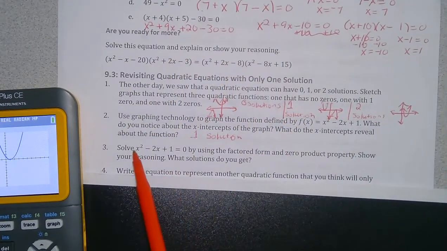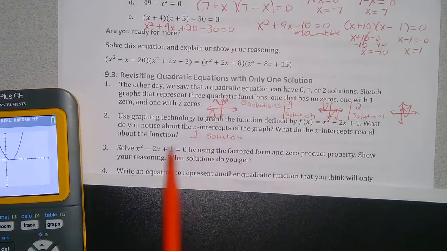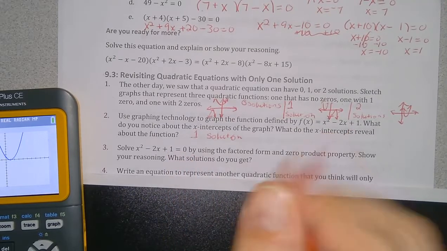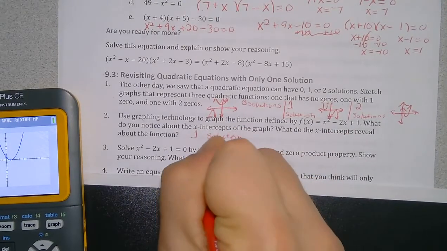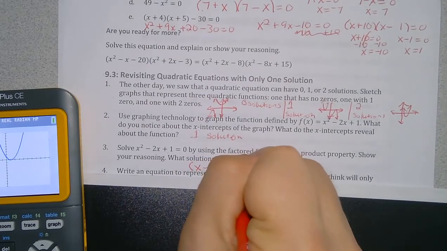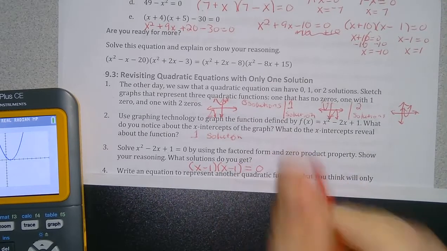So now solve x squared minus 2x plus 1 equals 0 by writing the factored form. So we need factors of positive 1 that add to negative 2. Well, I'm going to have a negative times a negative. And the only way to make that happen is if I have x minus 1 times x minus 1 equals 0.